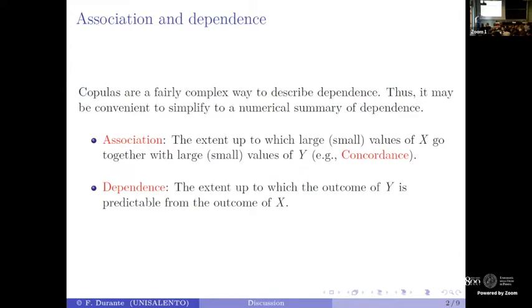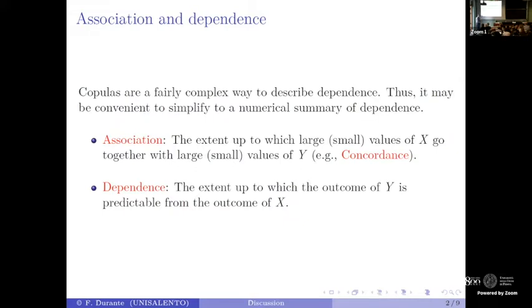But you should be aware, clearly, that there is also the other issue of the measure of dependence, when you want to quantify the predictability from one variable, from one outcome X to another outcome Y. Mathematically, the two measures are quite different, and it is not exactly the same issue.